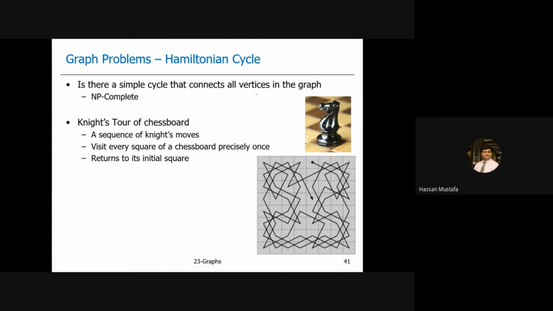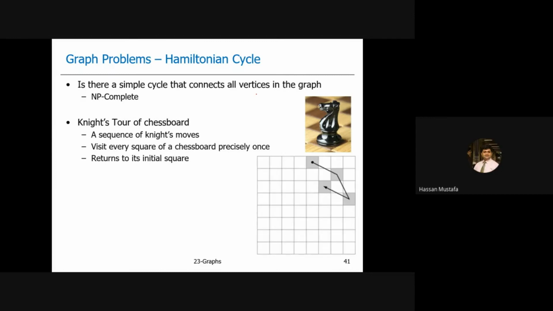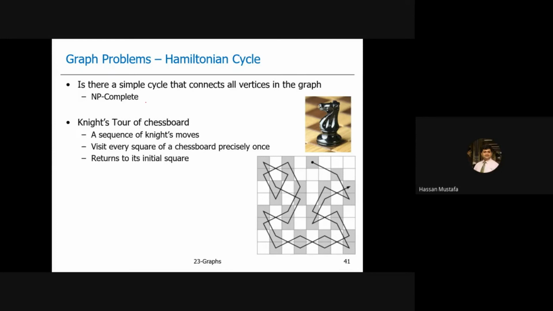We want to take certain edges that connect all the vertices in the graph without repeating any vertices. So these problems are NP complete, that their solution cannot be found in a reasonable amount of time. So for example, if we have a real world situation, and we prove that this situation is similar to this Hamiltonian cycle, then we can say that the solution is not possible in a reasonable amount of time, or that the solution is NP complete.